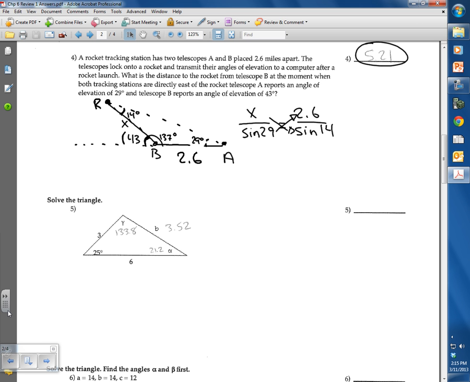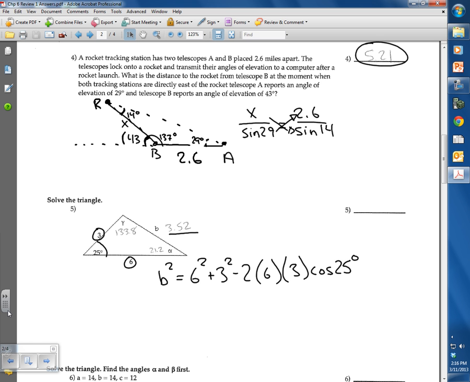Alright, let's solve this triangle. We need to do law of cosines here. We're given a side, and the angle in between them. So we'll start with B. B squared equals 6 squared plus 3 squared minus 2 times 6 times 3 times cosine of 25 degrees.